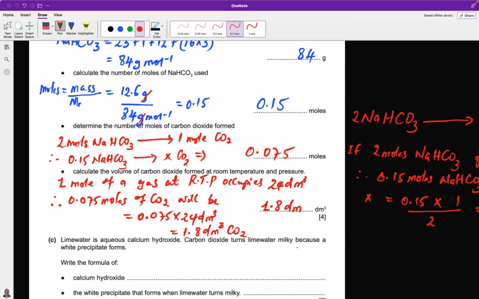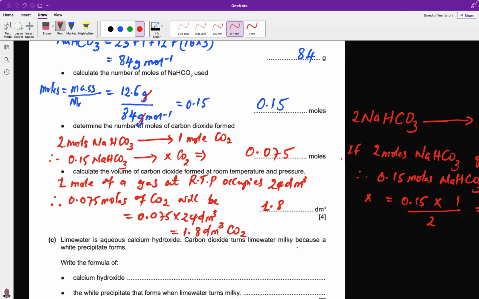So the volume of carbon dioxide will be 1.8 dm cube.